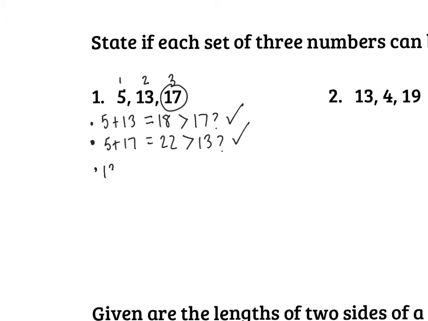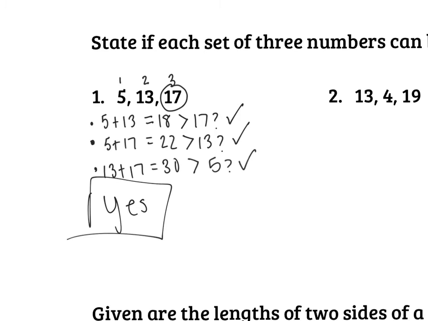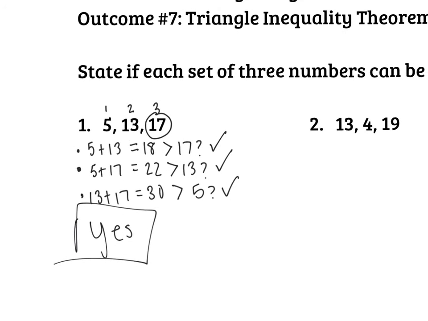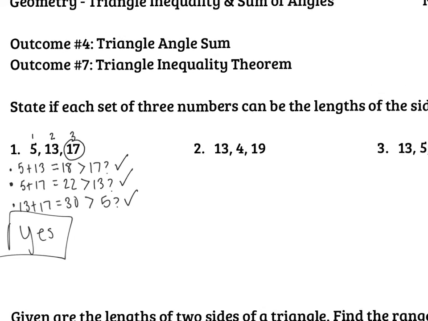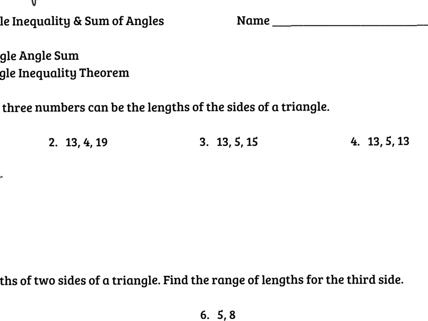So we're going to say, okay, 13 plus 17 equals, I believe that is 30, which is bigger than 5. So our answer would be yes, because that theorem holds for each pair of side lengths. So because when I add any two side lengths, it's bigger than the remaining, that means yes, this would form a triangle.